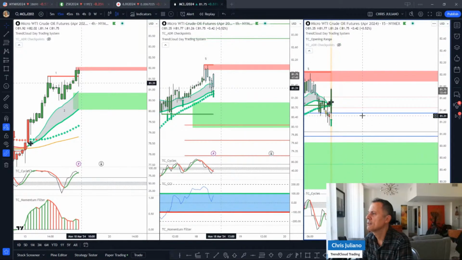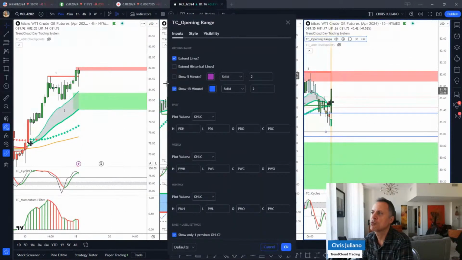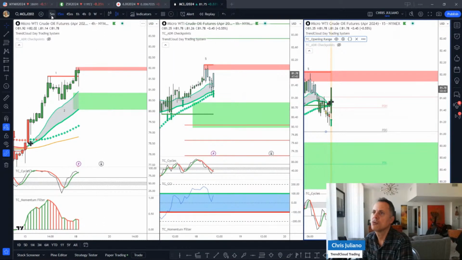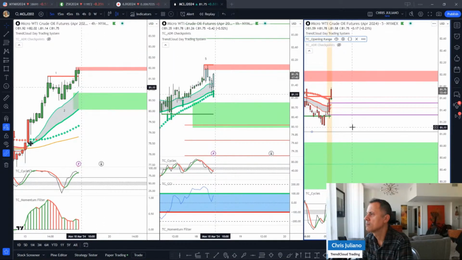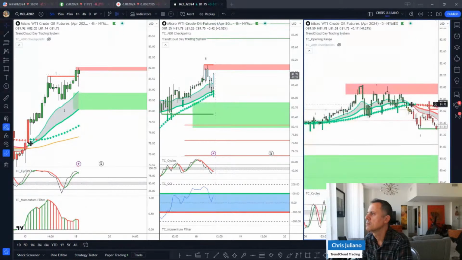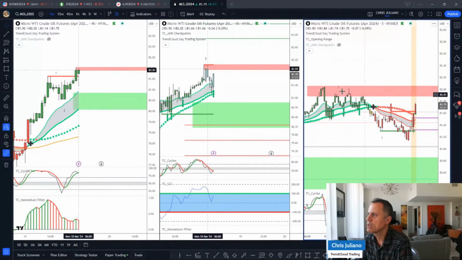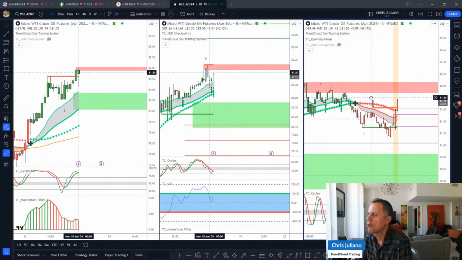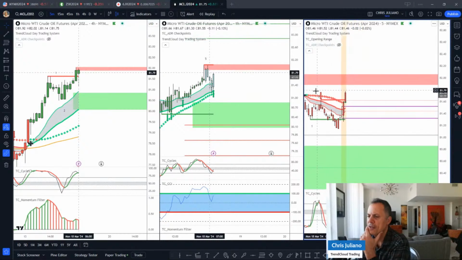We're going to come back up here. 9:12 right now. Let's see what the opening range is looking like. Okay, on crude oil, go to the 5. All right, so we're breaking out to the upside in an uptrend, right? Momentum, we've got the intermediate momentum, and we're heading for a retest here. So let's think about this.